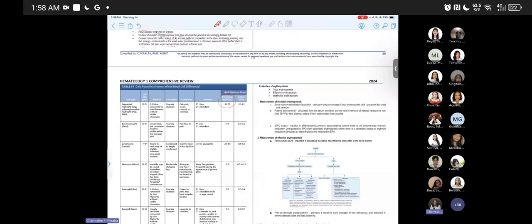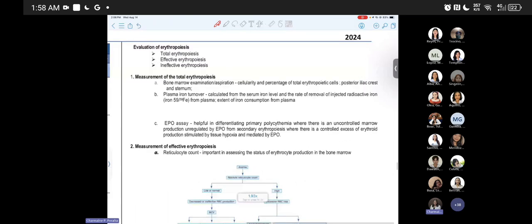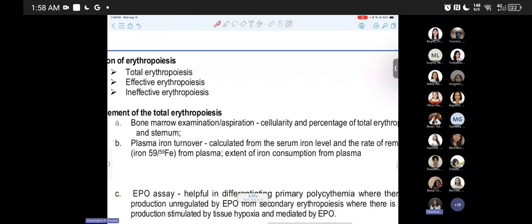Next, let's proceed sa evaluation of erythropoiesis. Ito pasapasada lang to. For evaluation of erythropoiesis, it is categorized under total, effective, or ineffective. Pag sinabing total, yung total blood cells, total RBC.